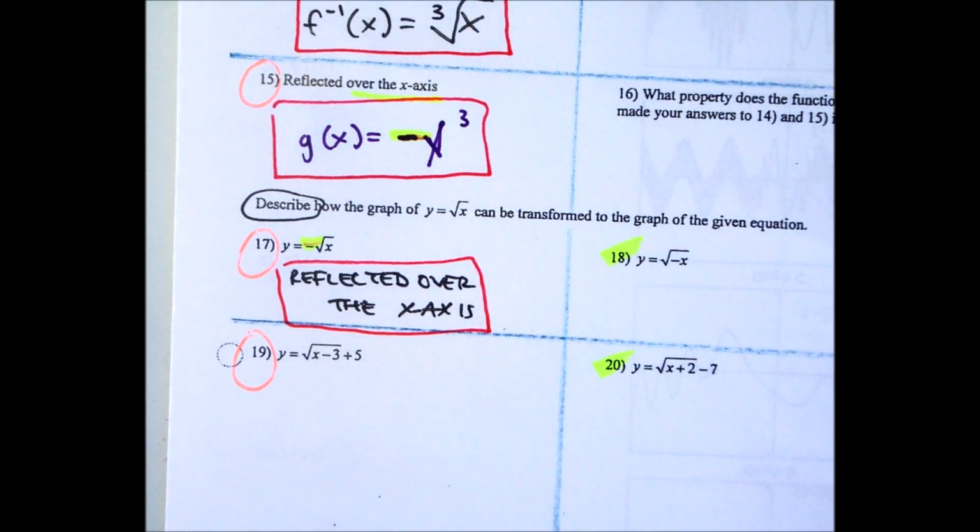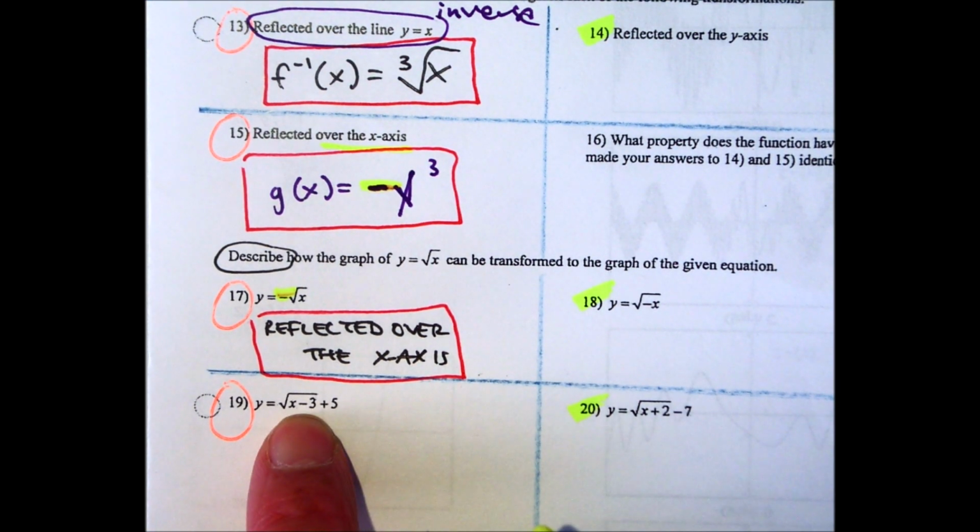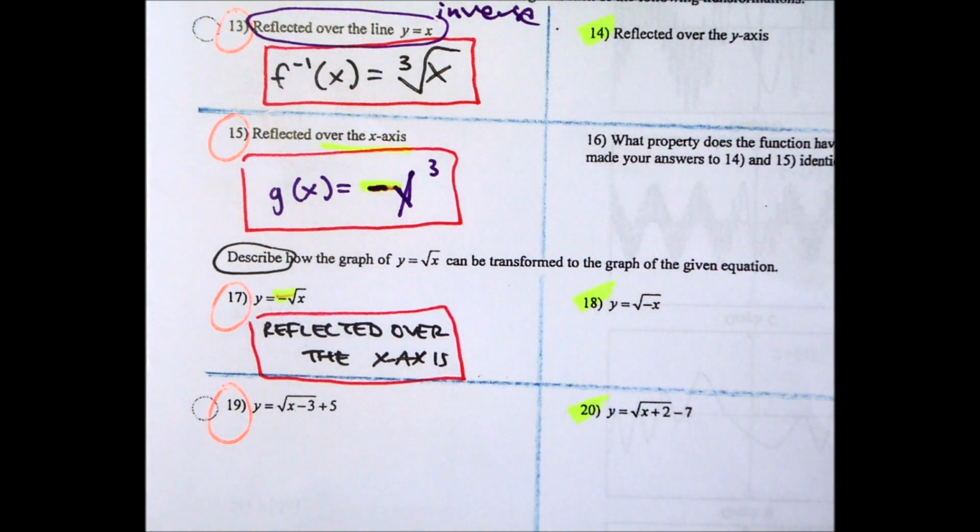Okay. Number 19 has 2 transformations. I notice that one of them is on the inside and the other one is on the outside. Talk to your partner for 20 seconds.